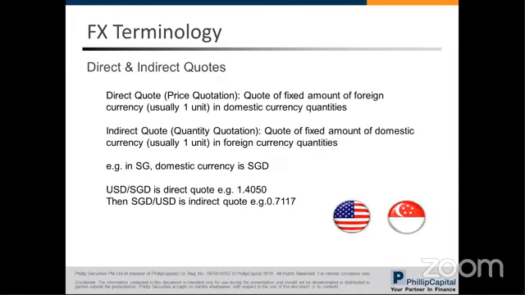So in this case, when we quote currencies, we can quote them as a direct quote or an indirect quote. For a direct quotation, depending on your location, in the international market the main currency that people use to quote, the domestic currency, is USD.